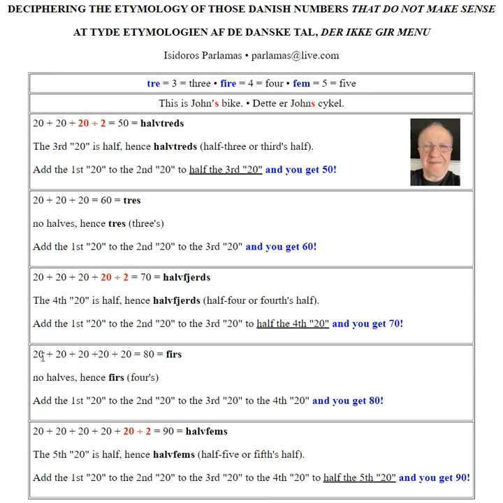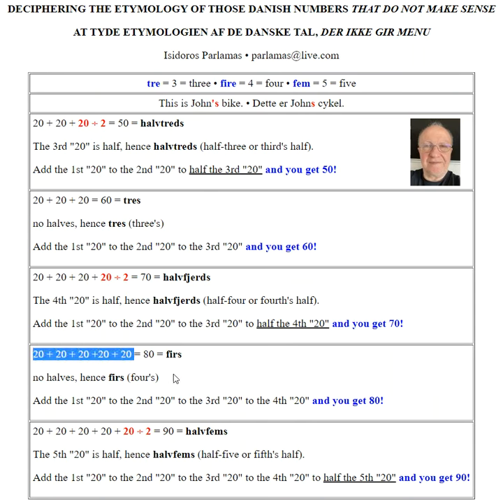Now 80. In 80 we don't have any halves, just firs, which comes from the root of fir, four. So we have 4 20s, like 20 plus 20 plus 20 plus 20, 80.